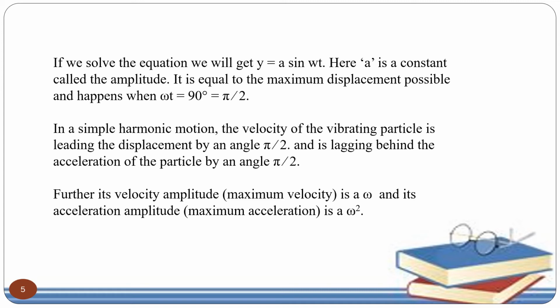The maximum displacement happens only when the angle omega t equals 90 degrees. In a simple harmonic motion, the velocity of the vibrating particle leads the displacement by an angle pi by 2 and lags behind the acceleration of the particle by an angle pi by 2.